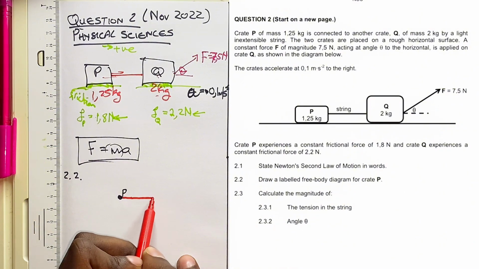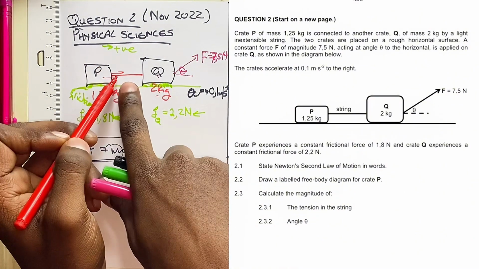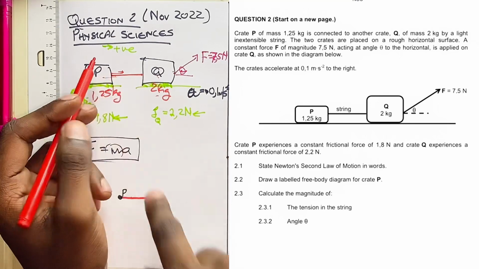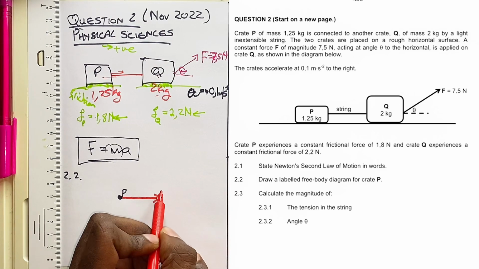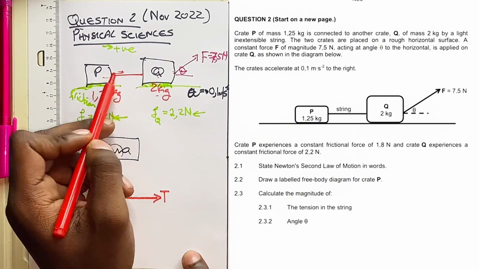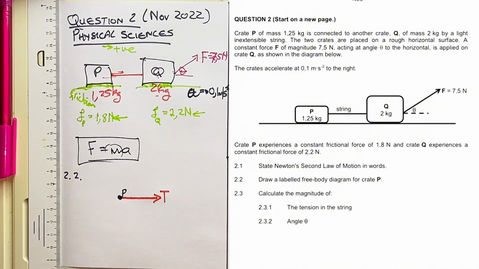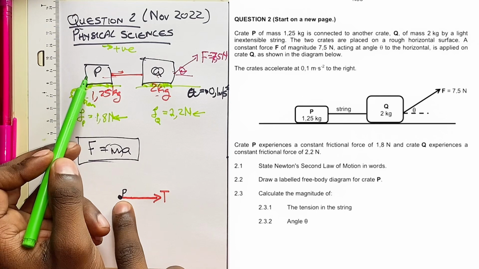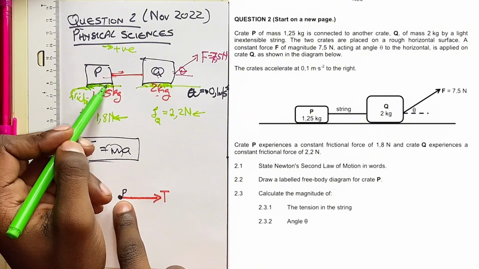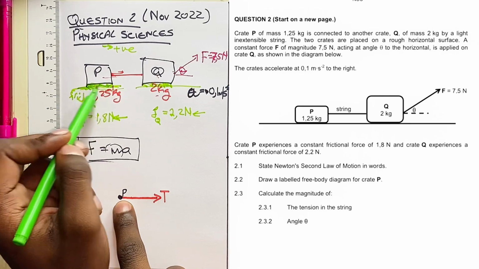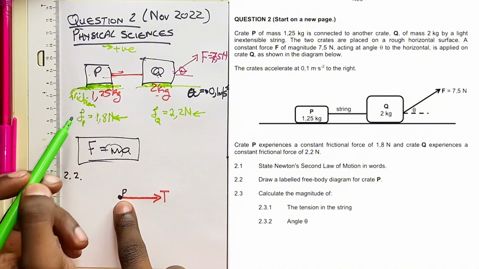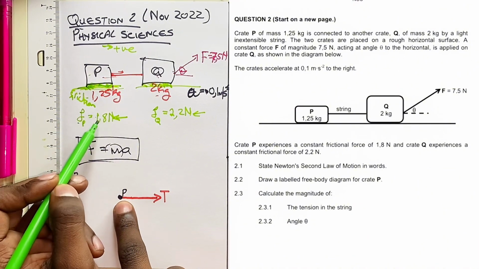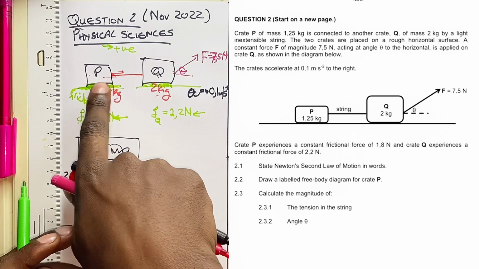Now, that force, since it is through a string or some sort of rope, is a tension force because it is being experienced through the rope that is pulling grade P. Now, another force that P is experiencing is because of the rough surface between the horizontal surface and grade P, which means that P will experience a force of 1.8 in the opposite direction to its motion.